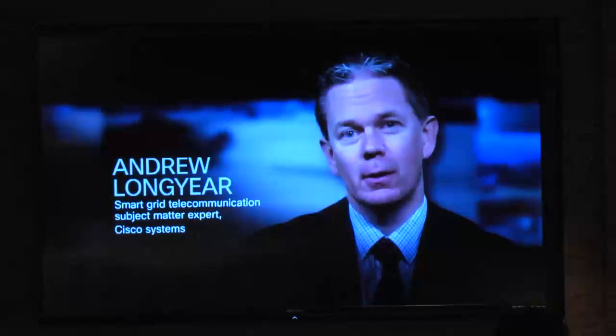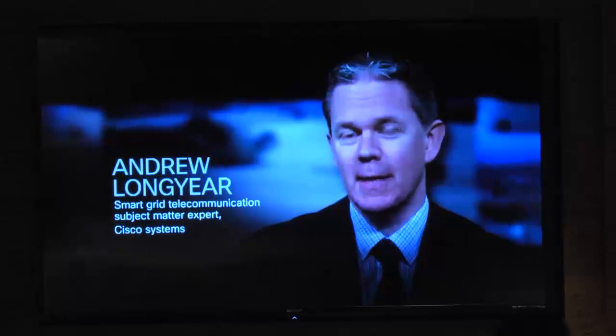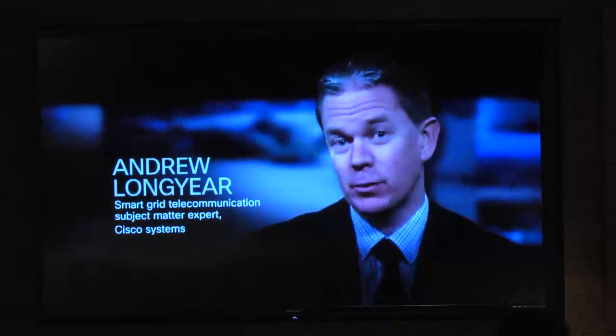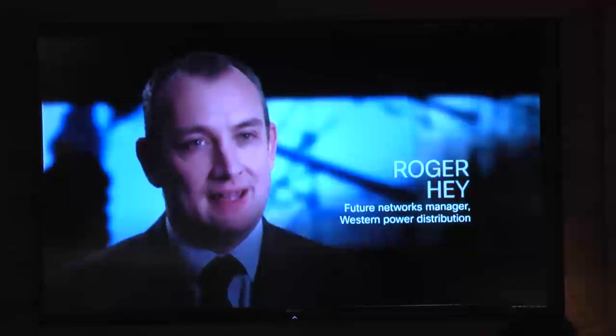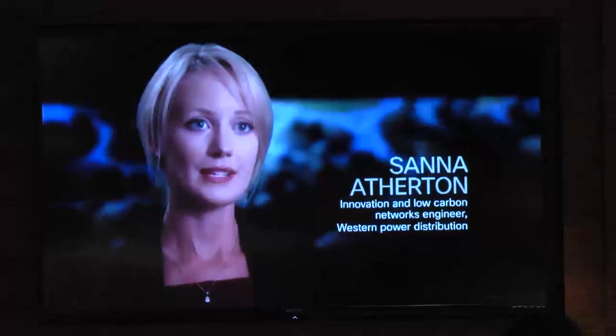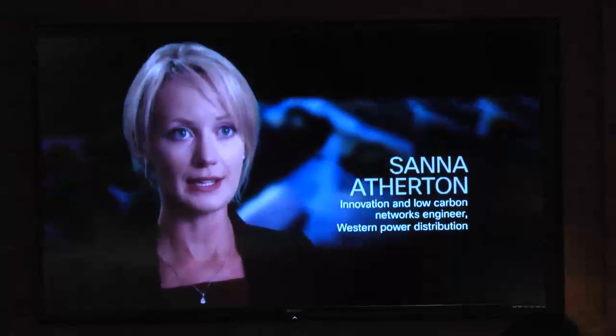Reliable and secure near real-time communications is a key element to the Falcon project and to all smart grid deployments. The telecommunications and the data management within our low carbon network fund projects such as Falcon is the smart in smart grid. So the benefits of Project Falcon are to increase the capacity of the network within the Milton Keynes area and to enable customers to connect low carbon technologies.